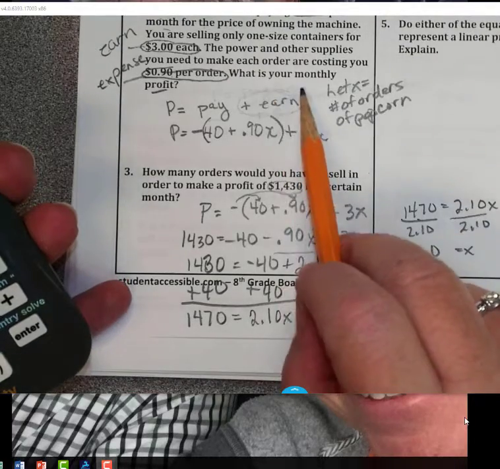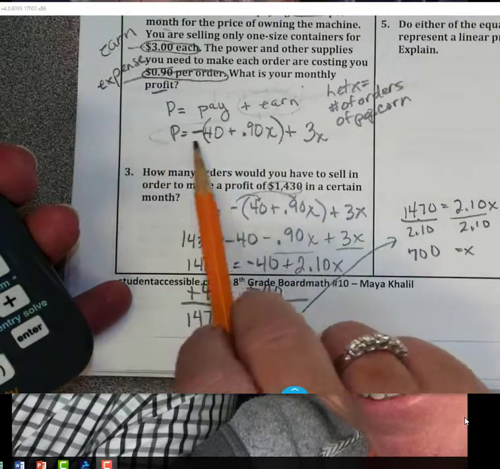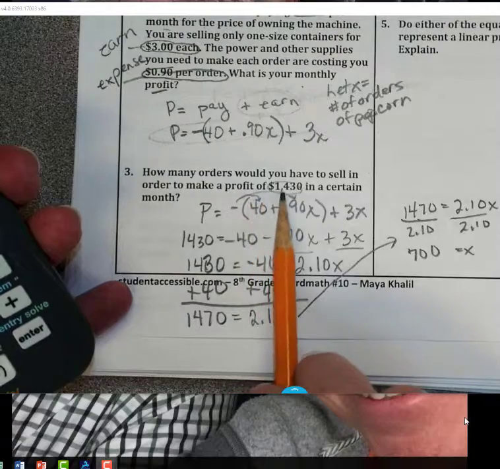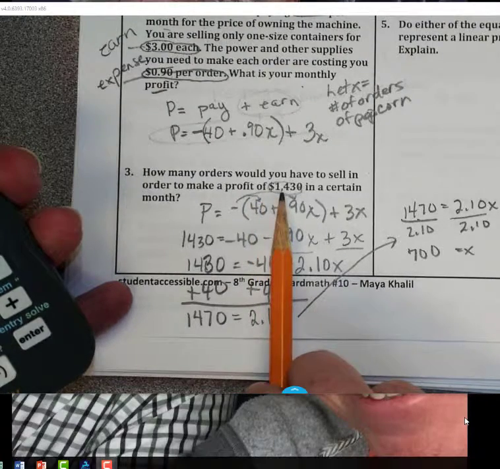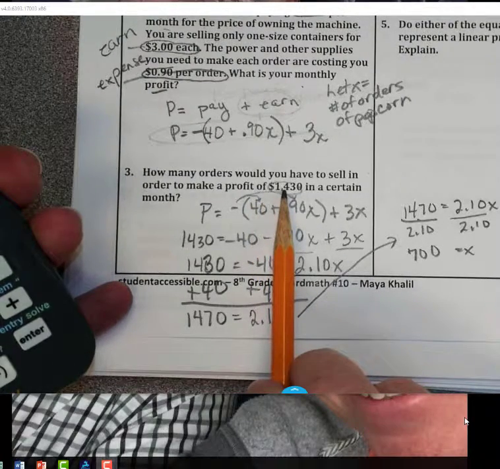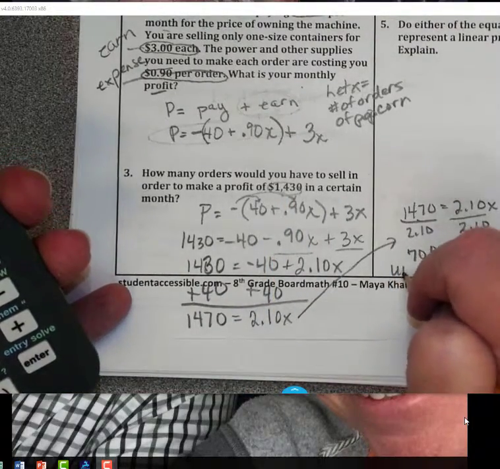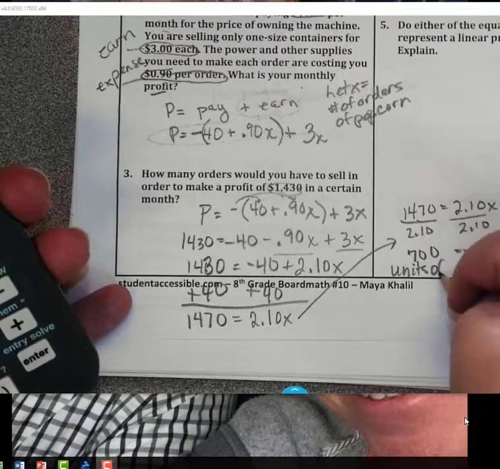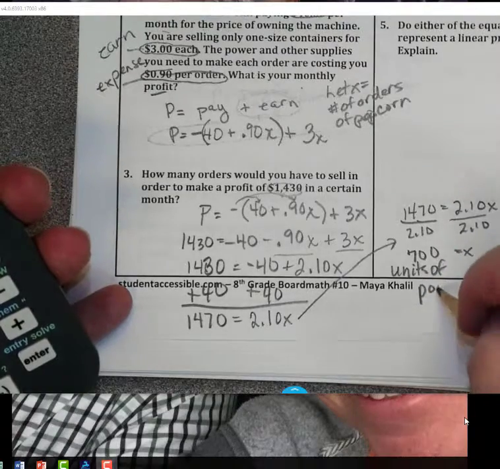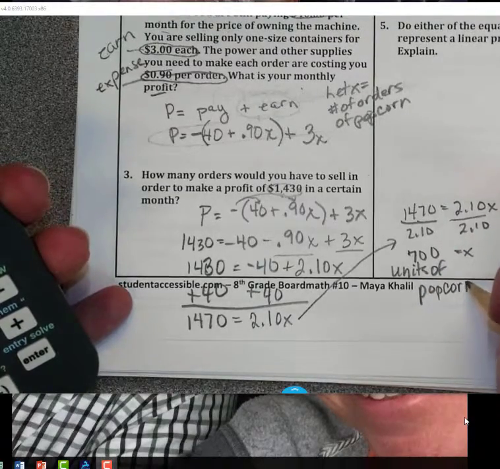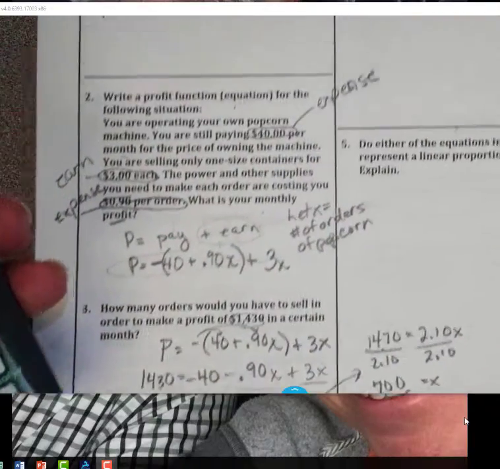So what is your monthly profit? The equation, that is this. If we are given a specific profit and we want to earn that profit, how many popcorns do we need to sell? We need to sell 700 units of popcorn, or you could say orders of popcorn.